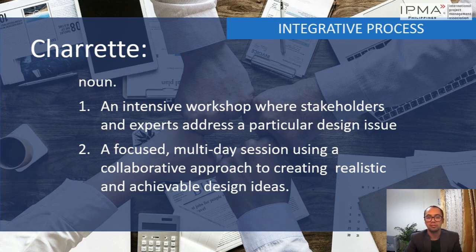One characteristic of an integrative process is to have a pre-design or a design charrette, which is an intensive workshop wherein the stakeholders and experts address a particular design issue. So it is a focused multi-day session using a collaborative approach to creating realistic, achievable design ideas.